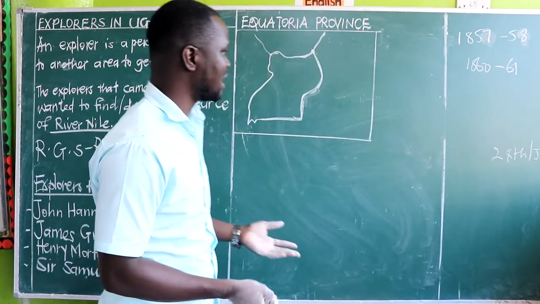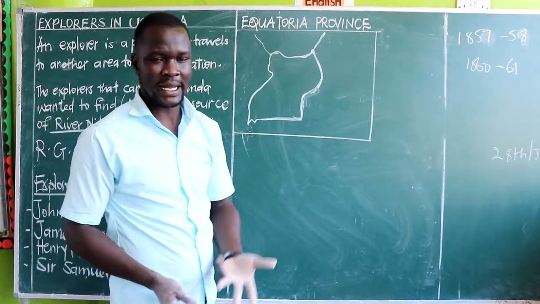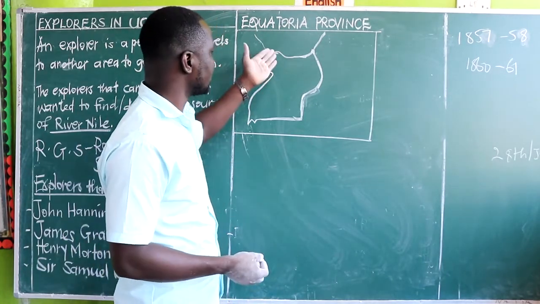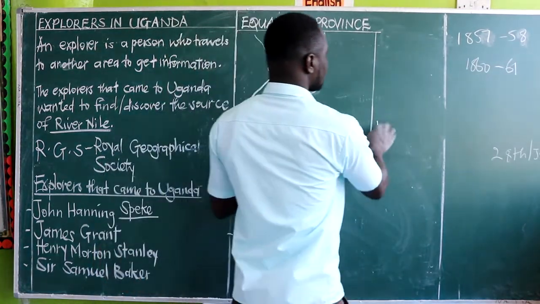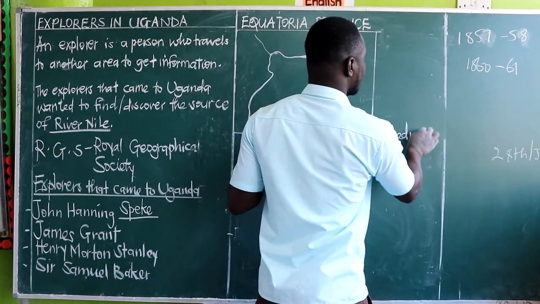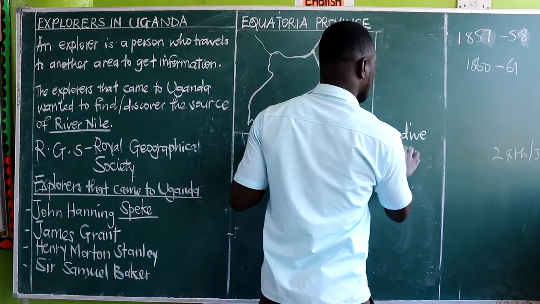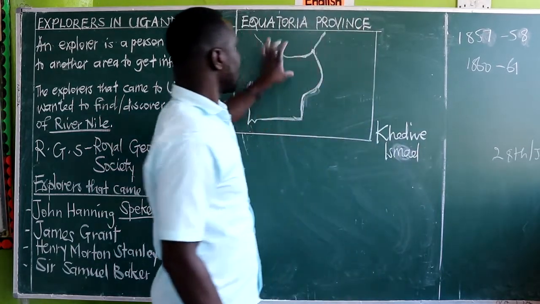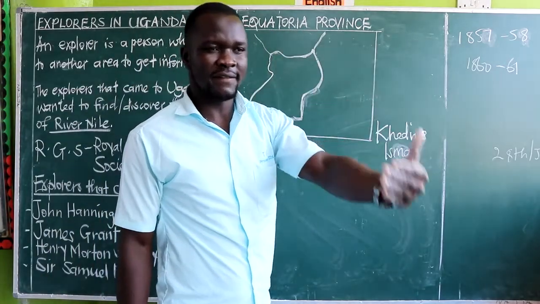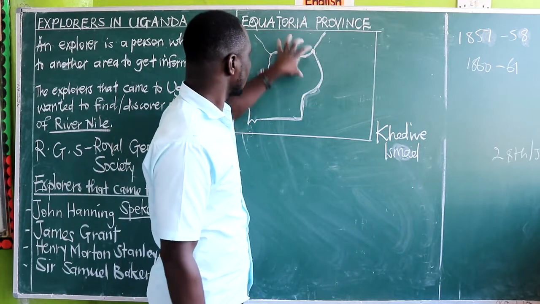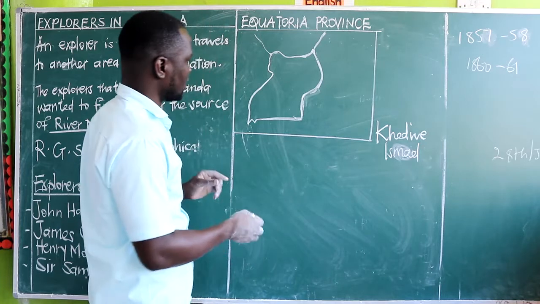We have very many words that we can use. So the Egyptians, through Khedive Ismail, that was the leader, that was the king, I should say, of Egypt, Khedive Ismail, were trying to use Sir Samuel Baker as the governor or as someone who could try to convince Ugandans to accept the Egyptian policy.